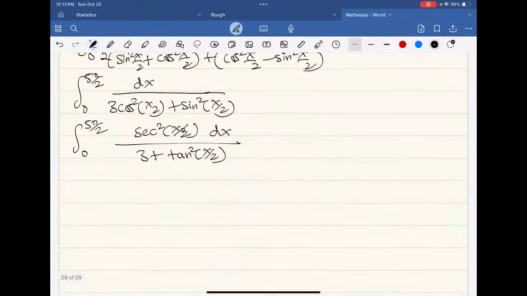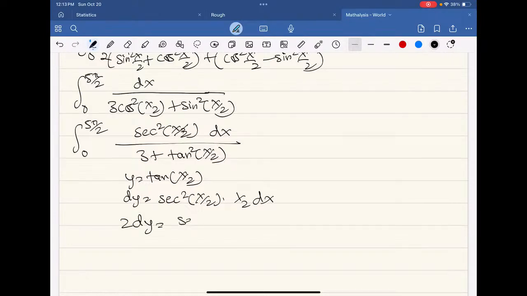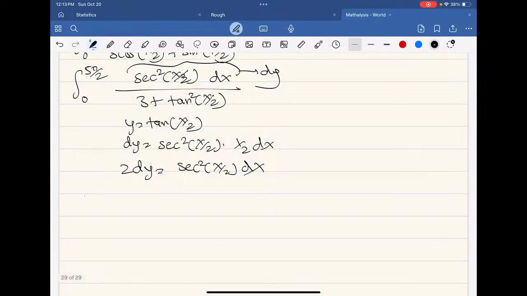Now if you make a substitution that y is tan x by 2, dy will just be sec square x by 2 times 1 by 2 dx. So 2 dy will just be sec square x by 2 dx, right? Now this thing over here, we know it's just dy. Now y is tan x by 2.